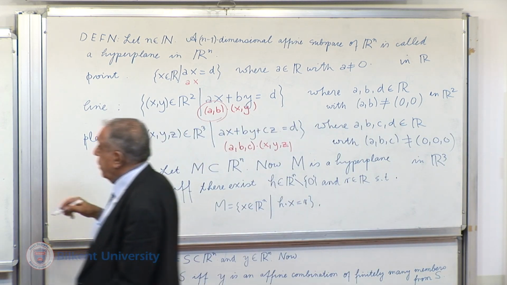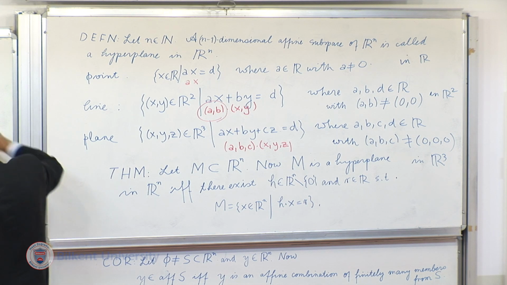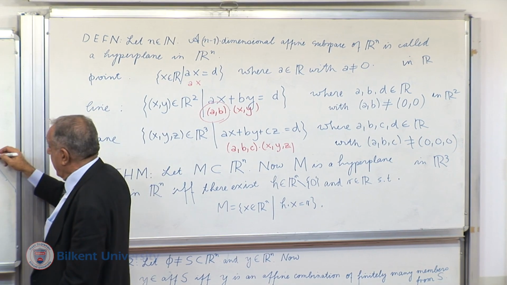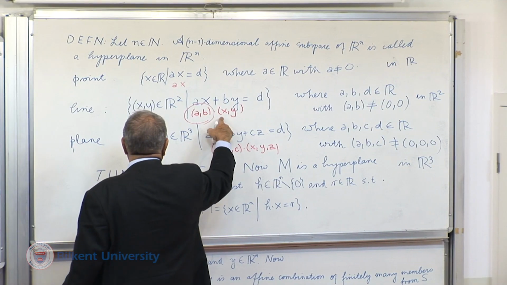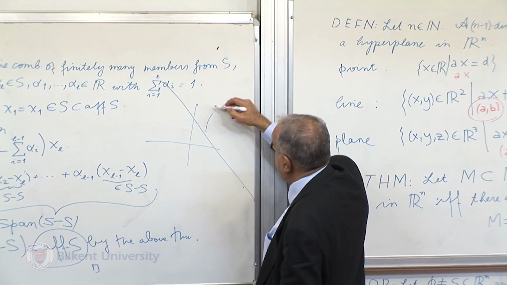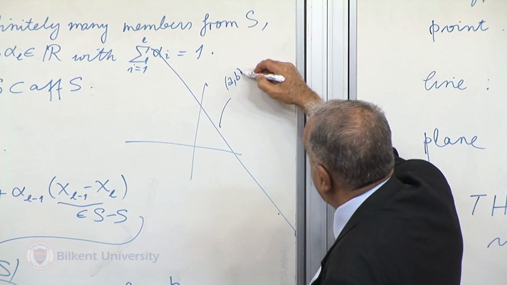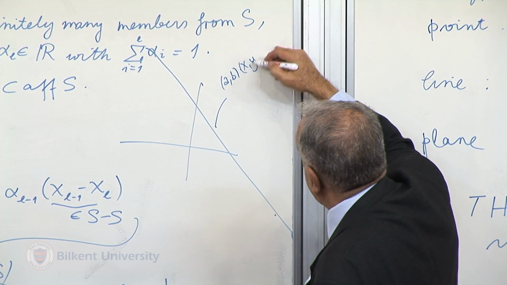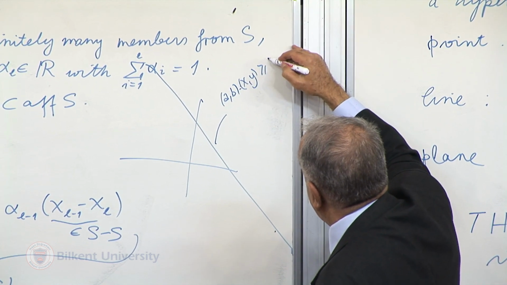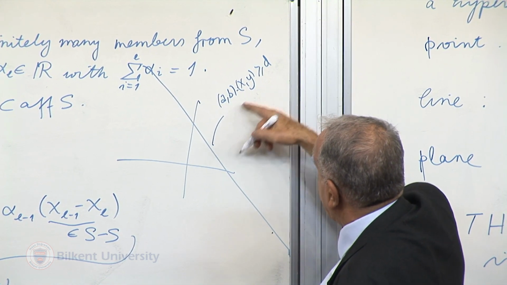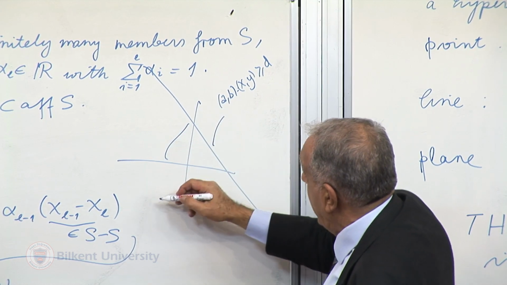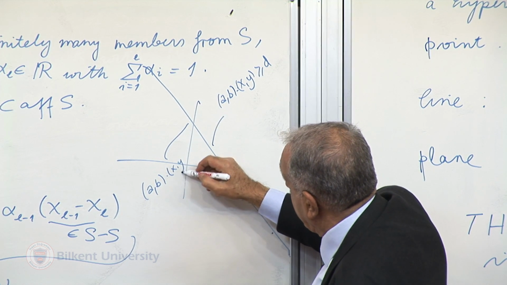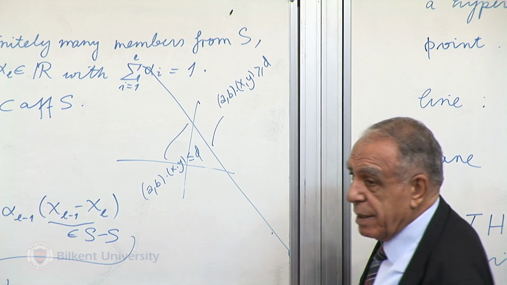Now, in R2, this separates these into two parts, but if you have this representation, then one half space will consist of those xy's such that this is larger than or equal to t, while the other will consist where this is less than or equal to.